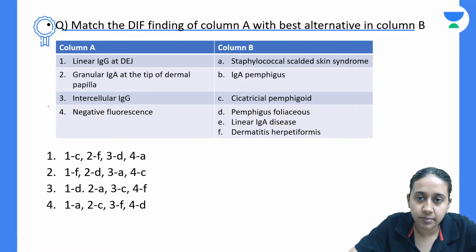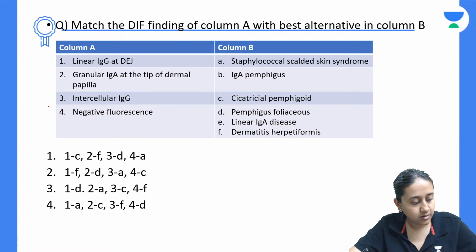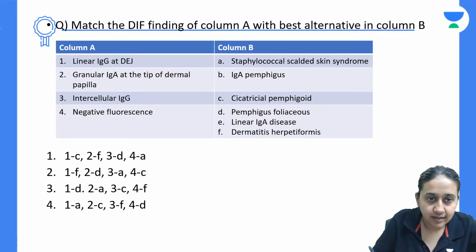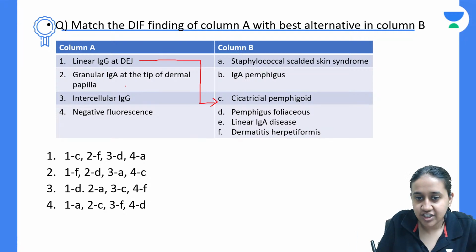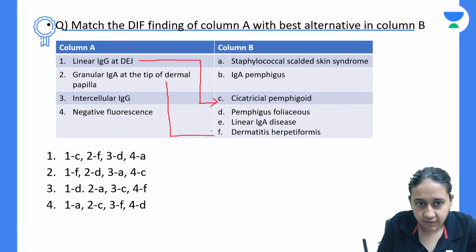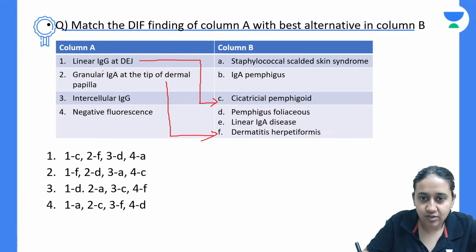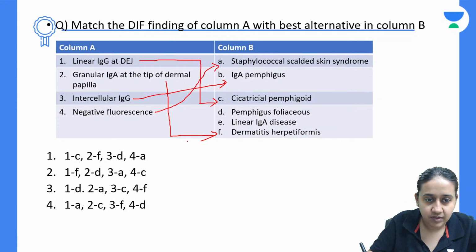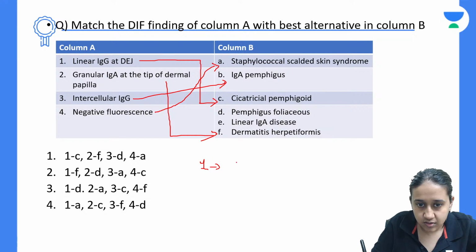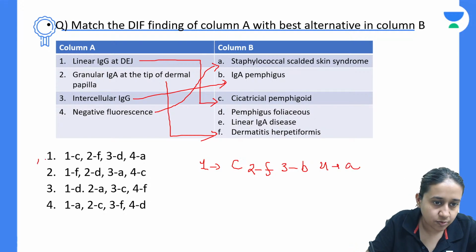Linear IgG is a very characteristic feature of pemphigoid. Granular IgA is a feature of dermatitis herpetiformis. Intercellular IgG is a feature of pemphigus, and negative fluorescence is in the infectious disorder. So 1 is for C, 2 is for F, 3 is for B, and 4 is for A. The correct answer is option number 1.